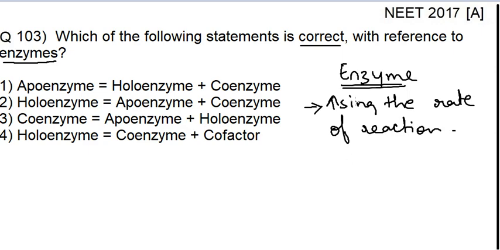There is another term, catalyst. A catalyst can alter the rate of reaction. There is a very small difference between a catalyst and an enzyme. A catalyst is a molecule that can alter the rate of reaction, and alter means it can either decrease or increase it.